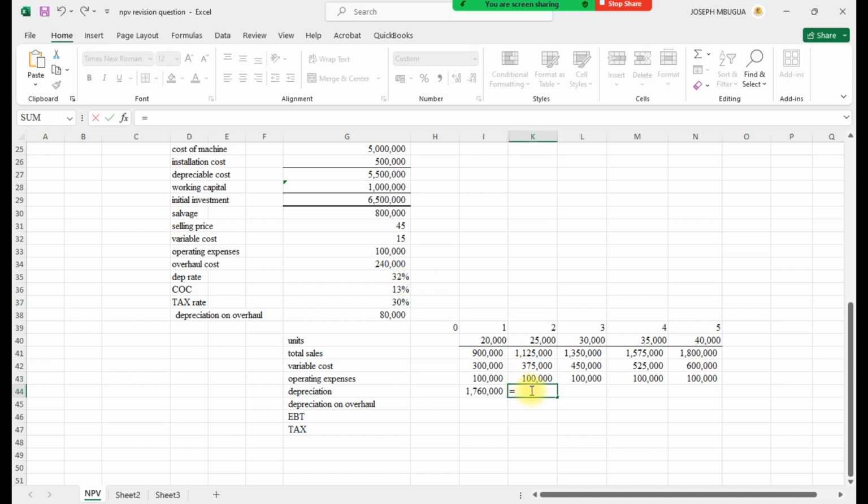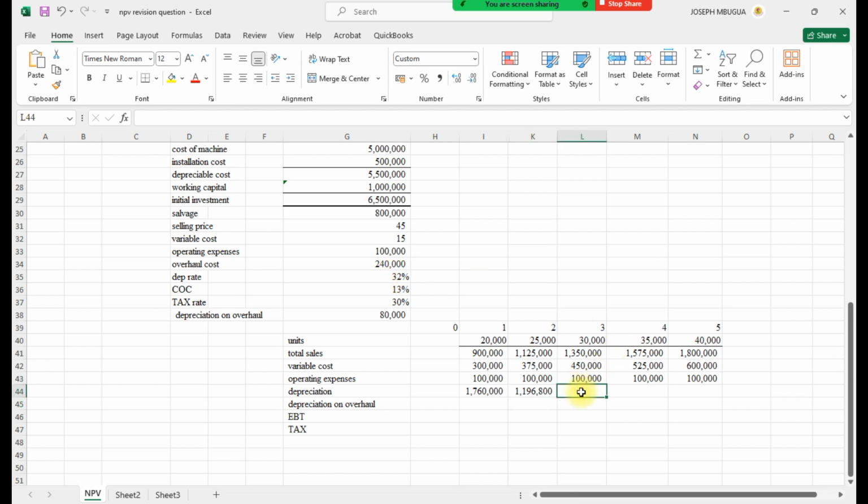But from year 2 onwards, we shall be basing our depreciation on net book value. When you talk about net book value, we take our depreciable cost, we minus the depreciation cost for year 1, and you multiply by the rate. So the cost minus accumulated, then by the rate, you get depreciation for year 2.